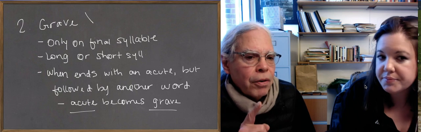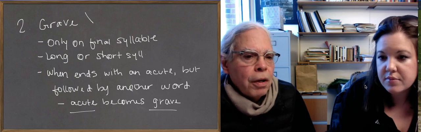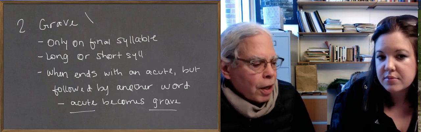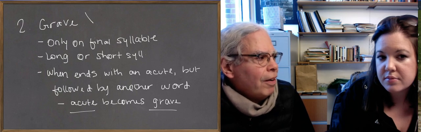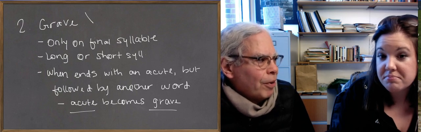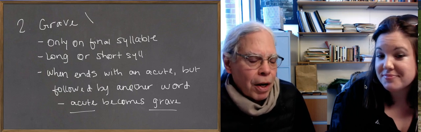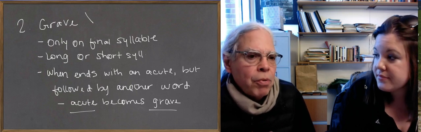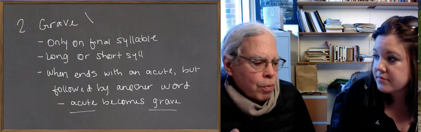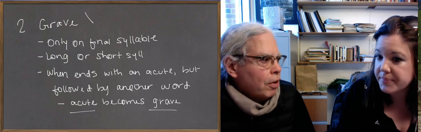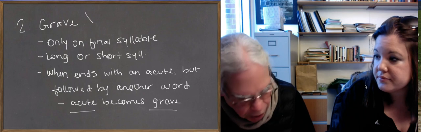The alternative, just to make the rule clear: when it's followed by another word, what else could it be followed by other than another word? A punctuation mark, right? So punctuation marks in Greek, okay? If there's a punctuation mark after a word that ends with an acute, it stays acute. If there isn't, it becomes a grave.